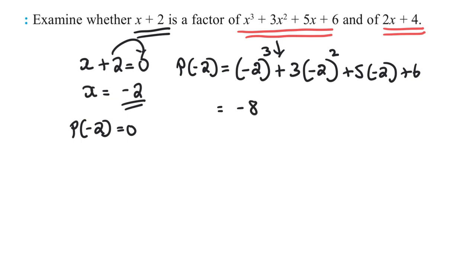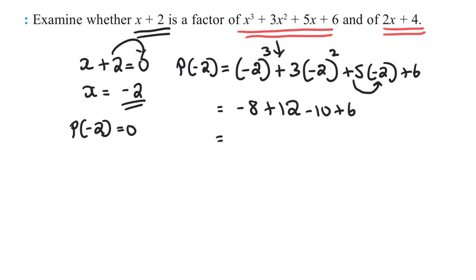Negative 8. And plus 3 times negative 2 the whole squared is how much? Negative 2 the whole squared is 4. 4 times 3, 12. So plus 12. Then 5 times negative 2, negative 10 plus 6.